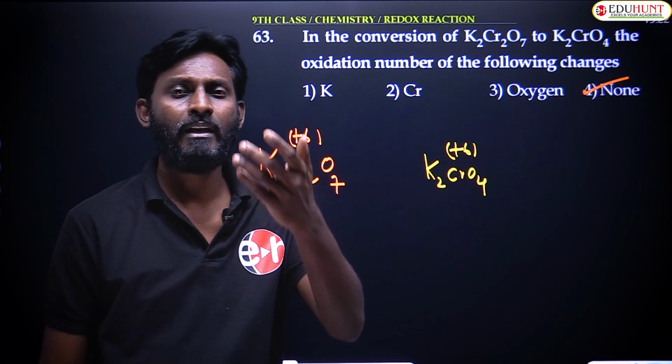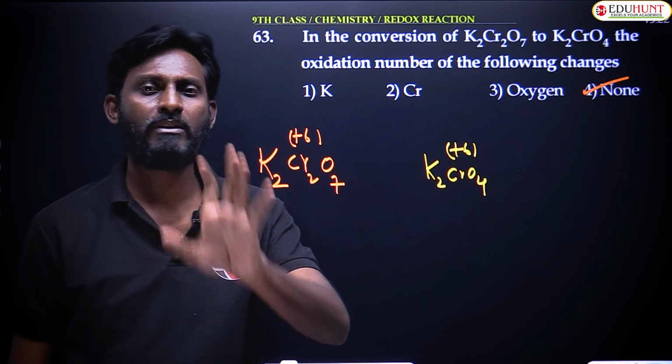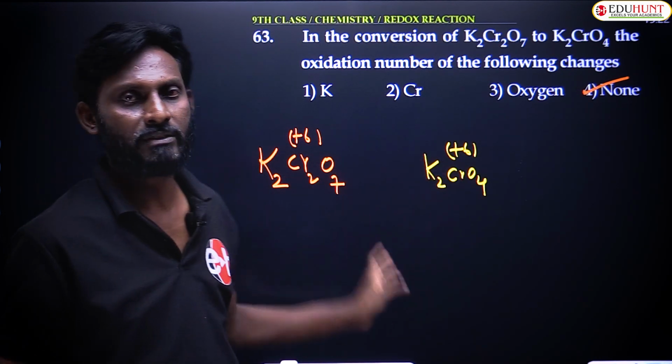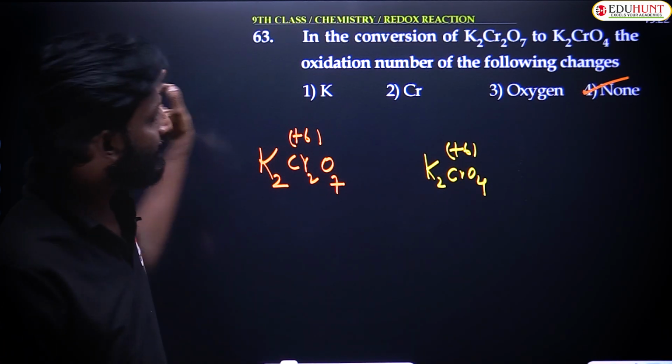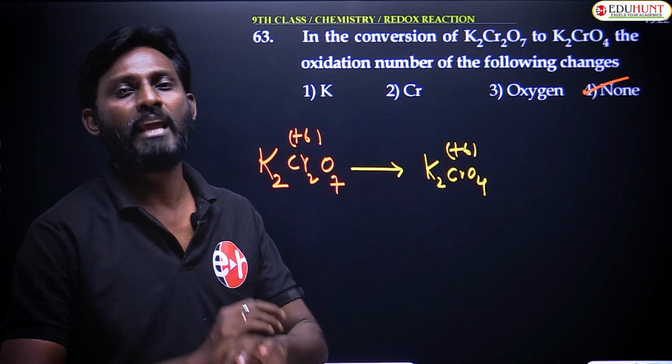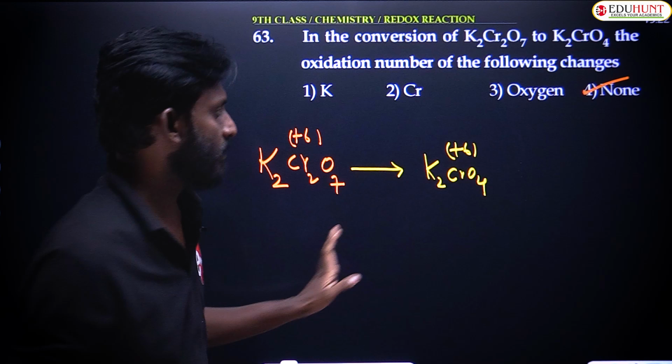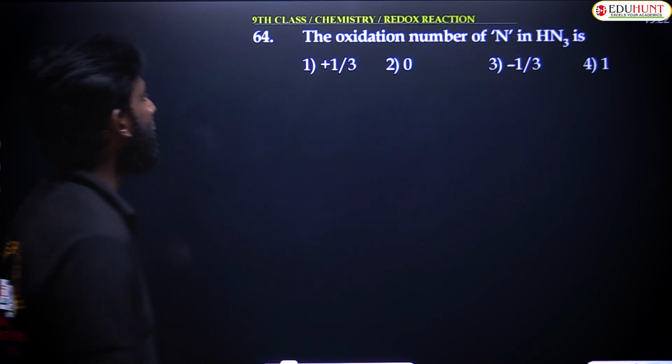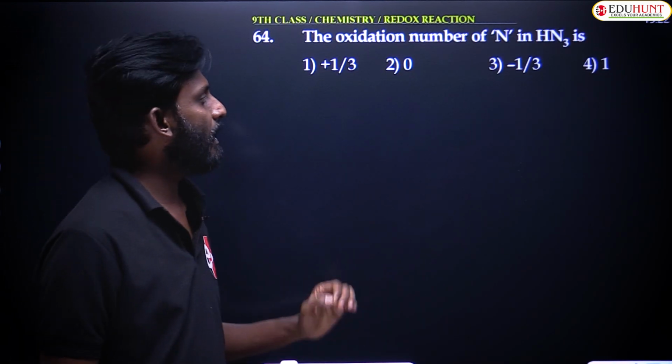Potassium is always in the +1 state and oxygen in the -2 state. In this conversion, the oxidation number of no species changes. So, none.